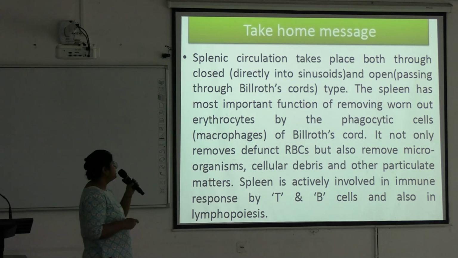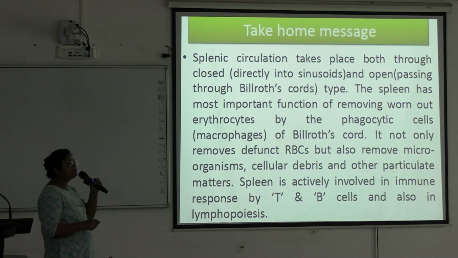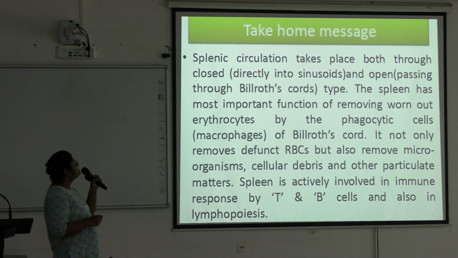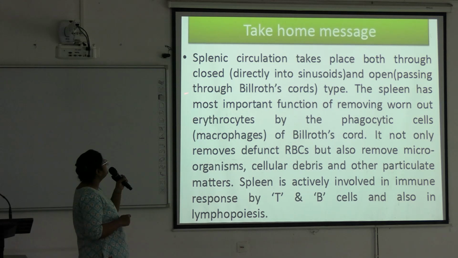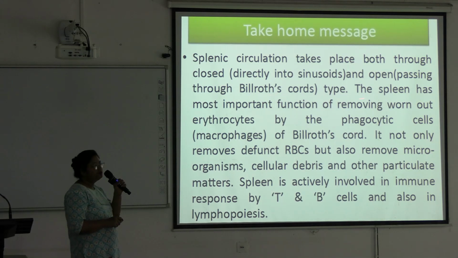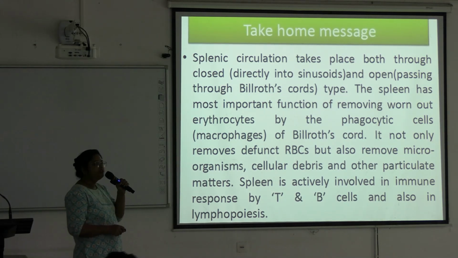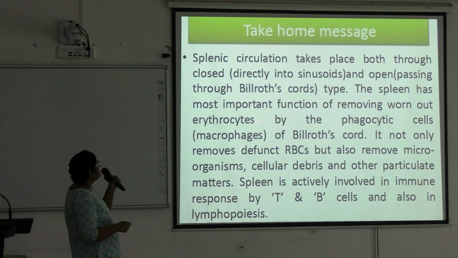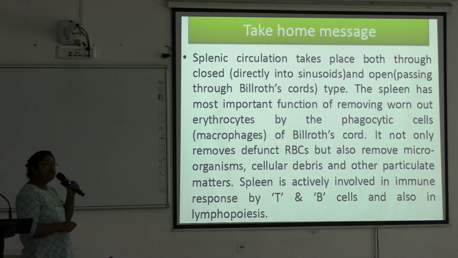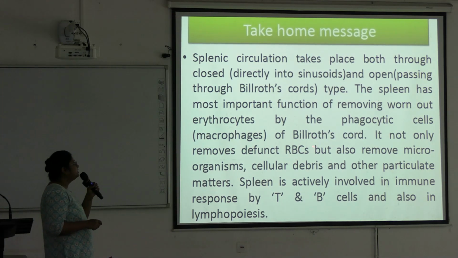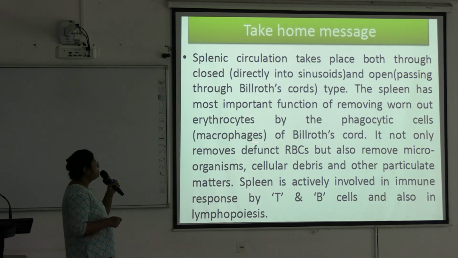So this is the summarization from today's class. Splenic circulation takes place both through the closed circuit directly into the sinusoids and the open circuit passing through the Billroth cords. And the spleen has the most important function of removing worn out erythrocytes, that is RBCs, by the phagocytic cells or macrophages of the Billroth cord.